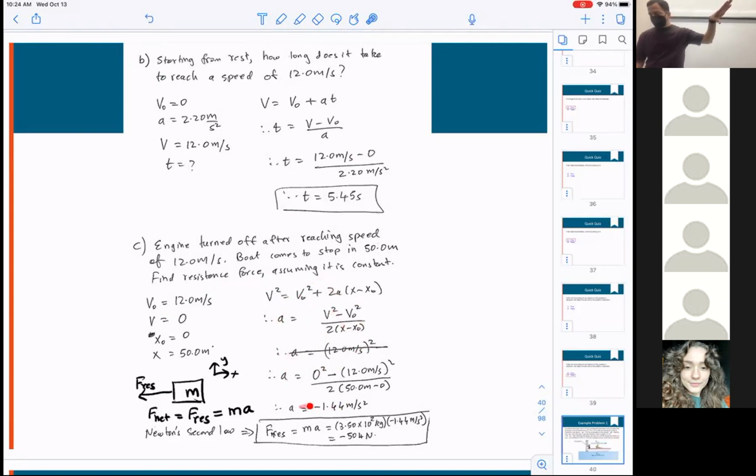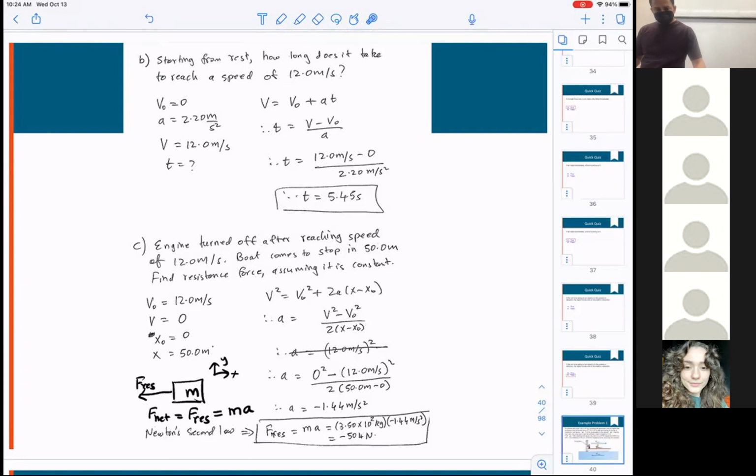Once we have the acceleration, the net force on it is just the resistance force, which must be equal to the mass times acceleration. This is the resistance force of the water, so the propeller has to give you a force that is able to overcome that resistance force. Any questions on that? Okay.